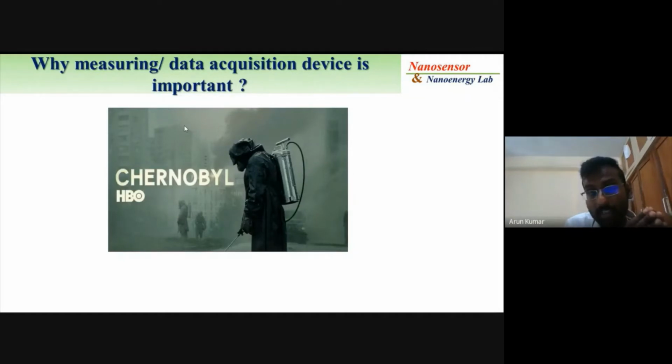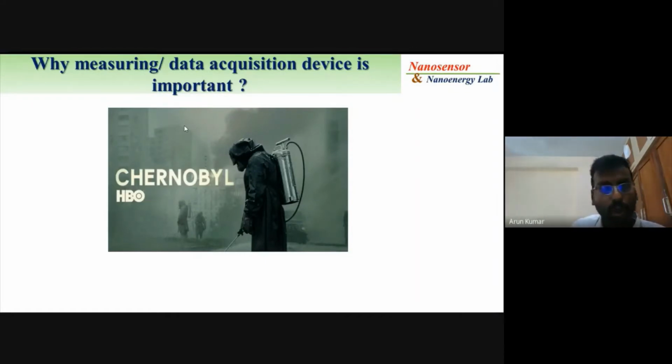What happened was that the person was carrying an instrument that can measure only up to 10 to 15 Roentgens, so he thought that was the radiation level here. When they brought a higher instrument of around 20,000, again it showed the maximum value of that instrument, and again the person thought this was the radiation level in the area.